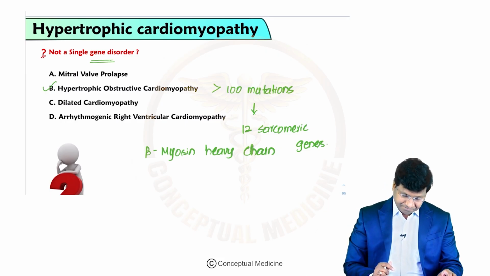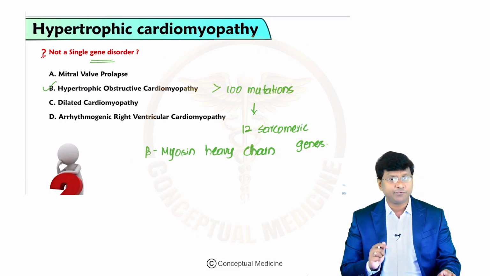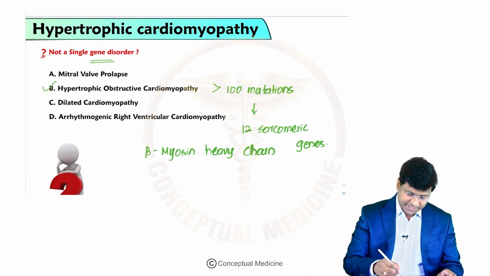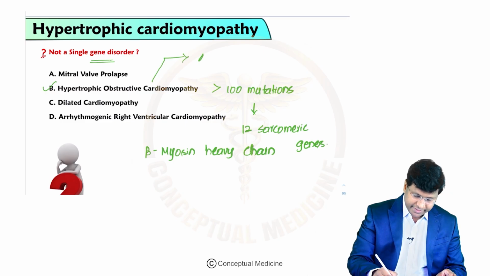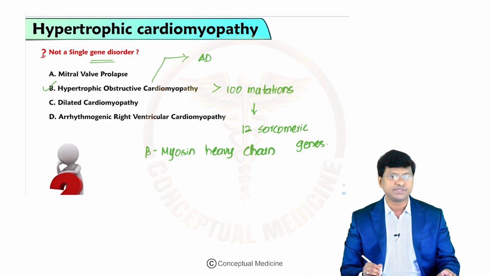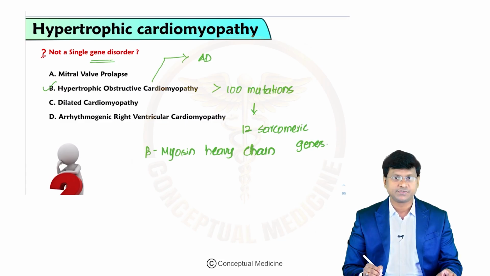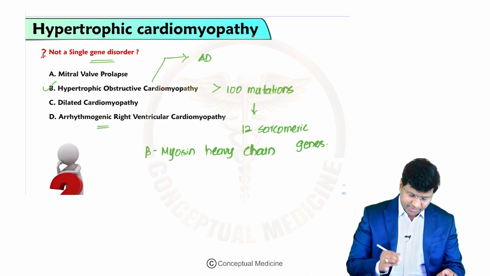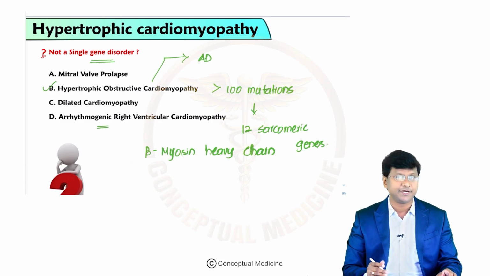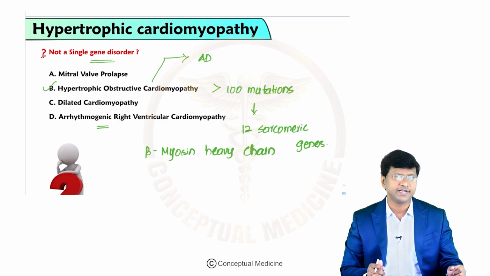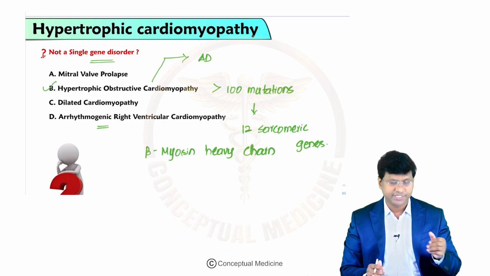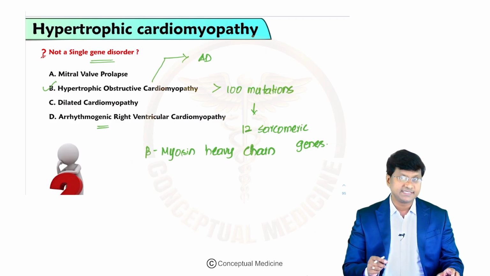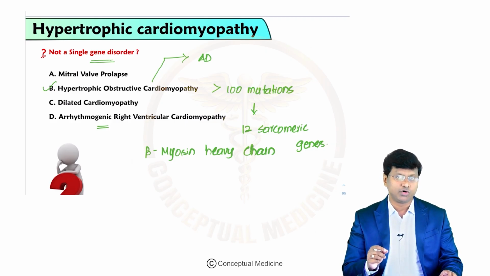Then, let me tell you that in patients with hypertrophic obstructive cardiomyopathy, the type of inheritance is autosomal dominant. Then, the discussion about arrhythmogenic right ventricular cardiomyopathy, also called arrhythmogenic right ventricular dysplasia: which ventricular wall is involved?